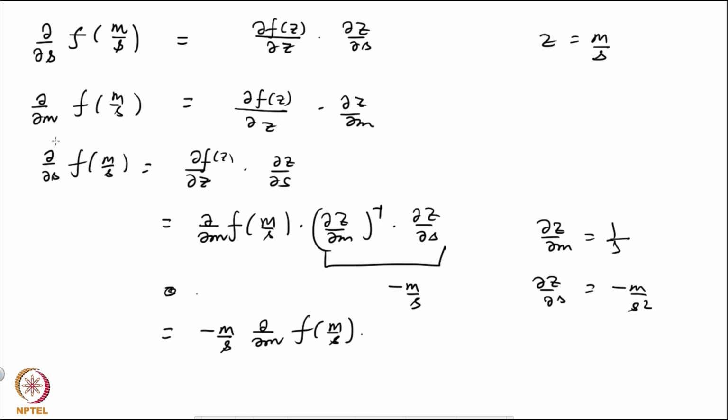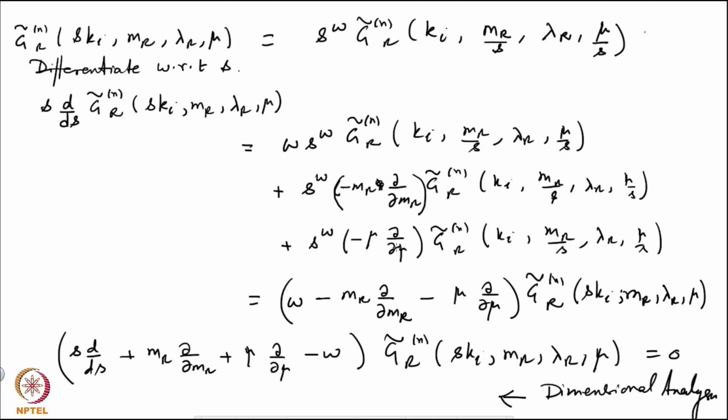So you see, taking derivative with respect to s, when you have m_R over s, will give you minus m_R over s times this derivative with respect to m. So here you see minus m_R over s, you will get and a derivative with respect to m_R, but that m_R over s, you have to also multiply this s, this explicit s, and which just kills that one.